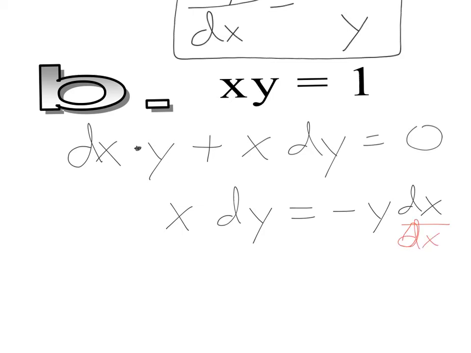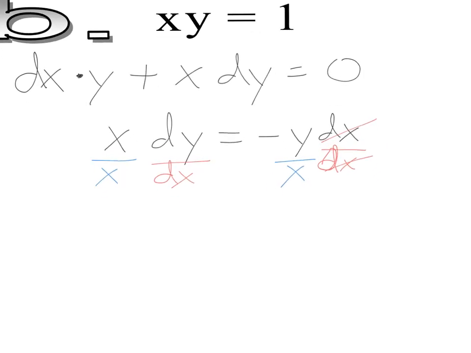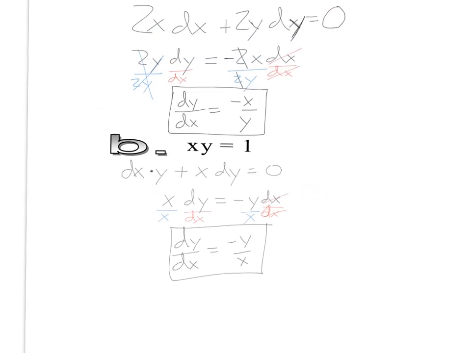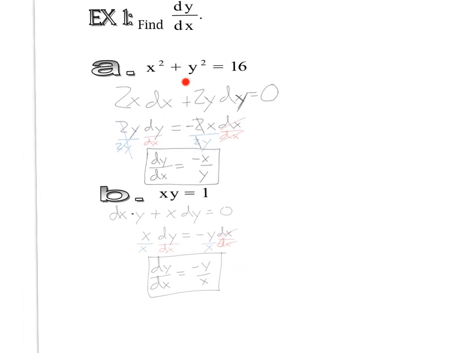My d looks really funky. And that gets rid of the dx over here, and we're going to divide both sides by x. And so we end up with dy over dx being equal to negative y over x. Pretty cool. All right. So those are two types of problems that before we wouldn't have been able to take the derivative. And now we can. All right, let's go to the next page.